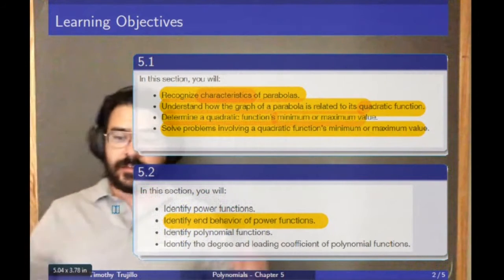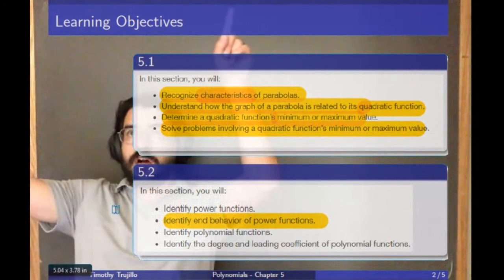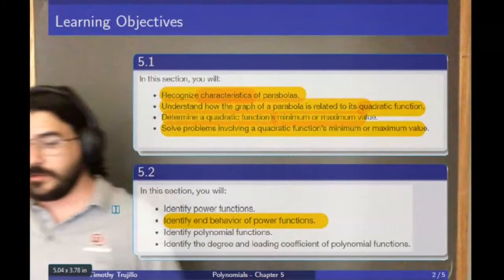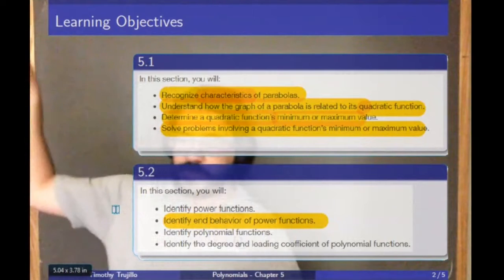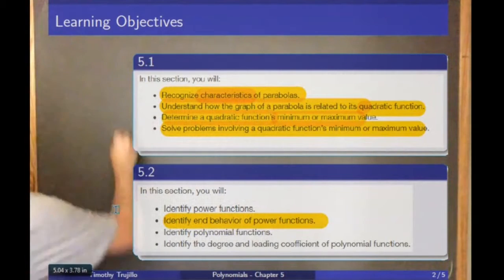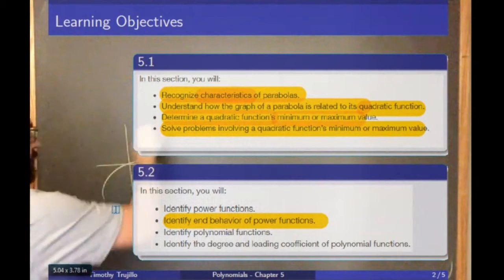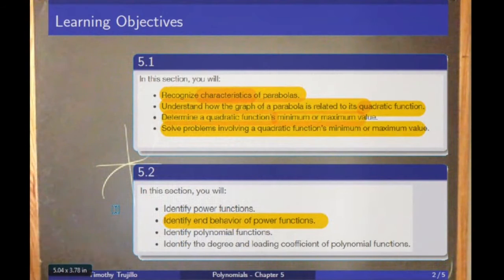If it was even, the two endpoints were either going up or going down based on the leading coefficient. In the case that it was odd, it looked like one of these x cubed functions that had this shape to it. So one side would be going up to infinity and the other would be going down to negative infinity.